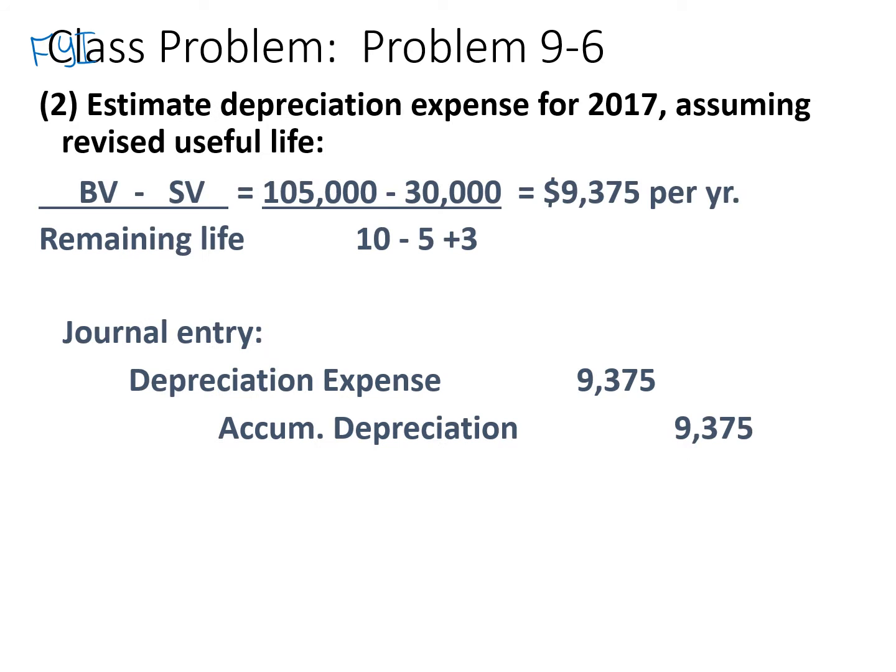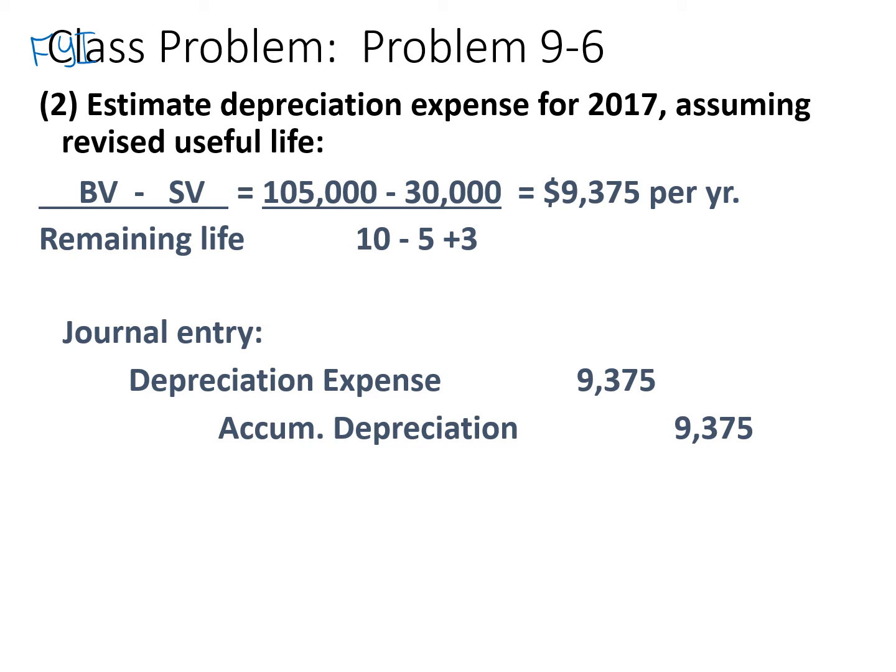Step 2. Take that book value at the beginning of 2017, subtract out the salvage or residual value, and divide it by the years remaining. We've depreciated it 5 years so far, which means we have 5 more years left to go on our original estimate, plus we're extending it another 3 years.